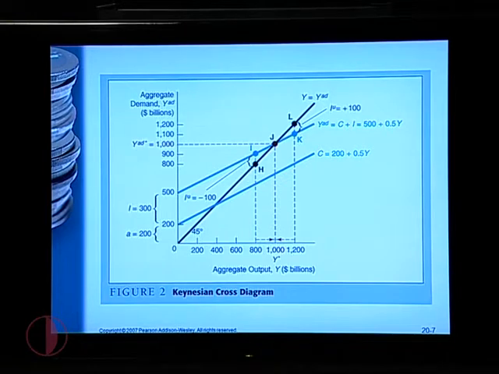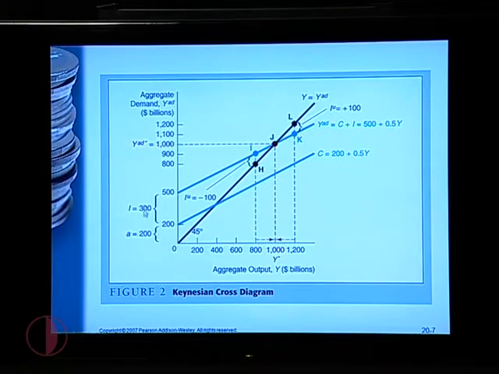Keynesian cross diagram. Here we can see that in our earlier consumption function graph, there was an autonomous consumption expenditure. But here, looking at the 45-degree line, which is the aggregate demand, we can see that investment spending increases by 300, and this is our consumption function.